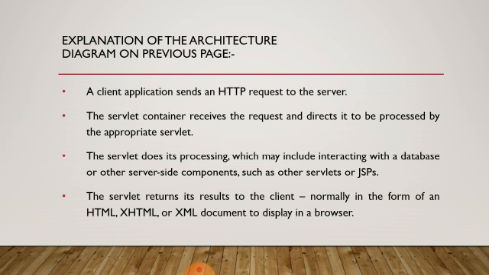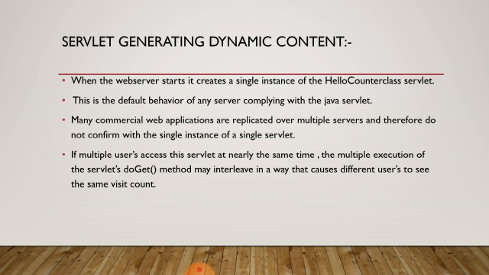The servlet does its processing, which may include interacting with a database or other server-side components, such as other servlets or JSP. The servlet returns its result to the client, normally in the form of an HTML, XHTML, or XML document to display in a browser. Okay, that's all. The architecture is completed.